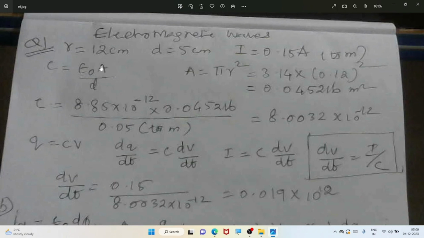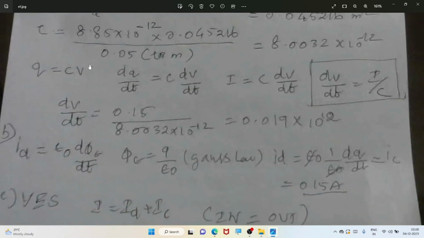A is the area of the circular plates, pi r squared. The permittivity of free space is 8.85 times 10 power minus 12. We convert the distance from centimeter to meter. After that you will get the capacitance.